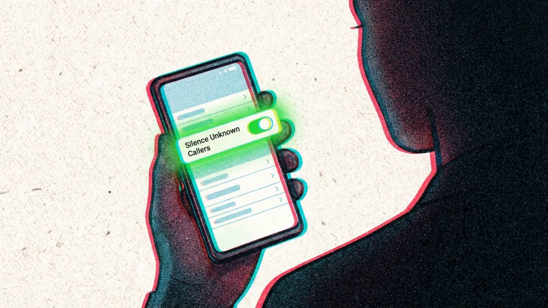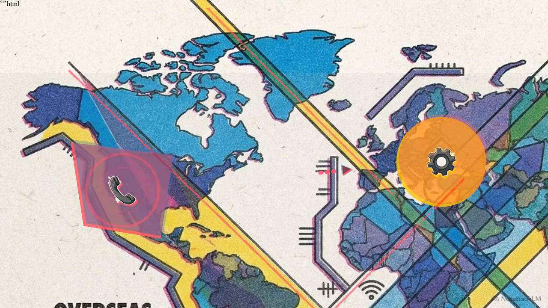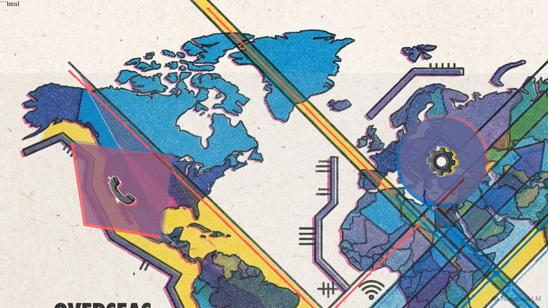Step 2 is silencing unknown callers. Go into your smartphone's phone settings right now and toggle on the feature labeled Silence Unknown Callers or Block Unrecognized Numbers. This diagram shows a tactic called neighborhood spoofing. Neighborhood spoofing is a technique where scammers disguise their true location by routing a foreign call through software that masks it with your familiar local area code.